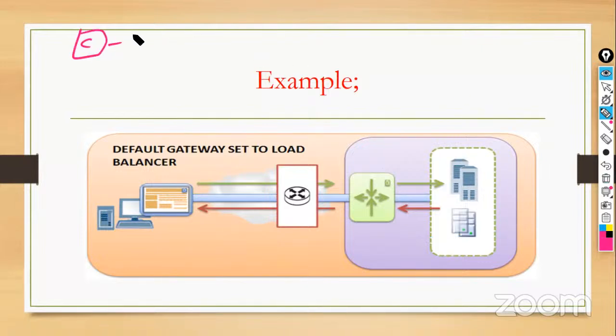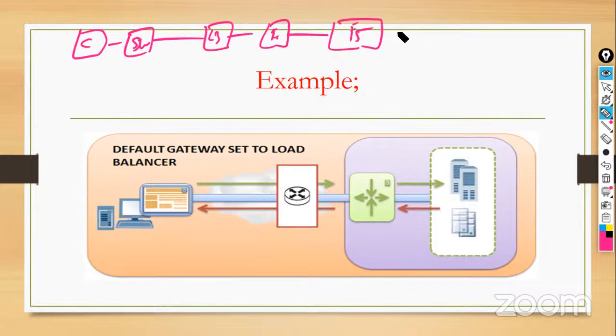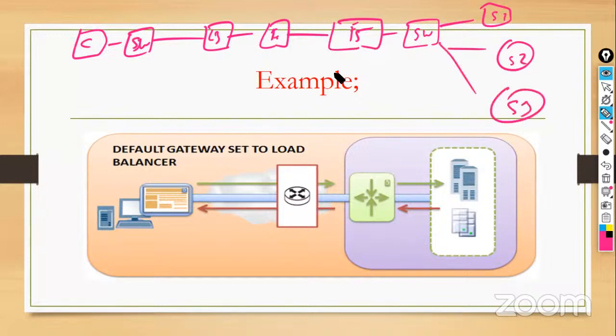Here we have the client, here we configured a switch, here an L3 switch, here the firewall, here we configured the F5, then again a switch, and here the server. Here we configure the floating IP, and on these servers we have the gateway IP.